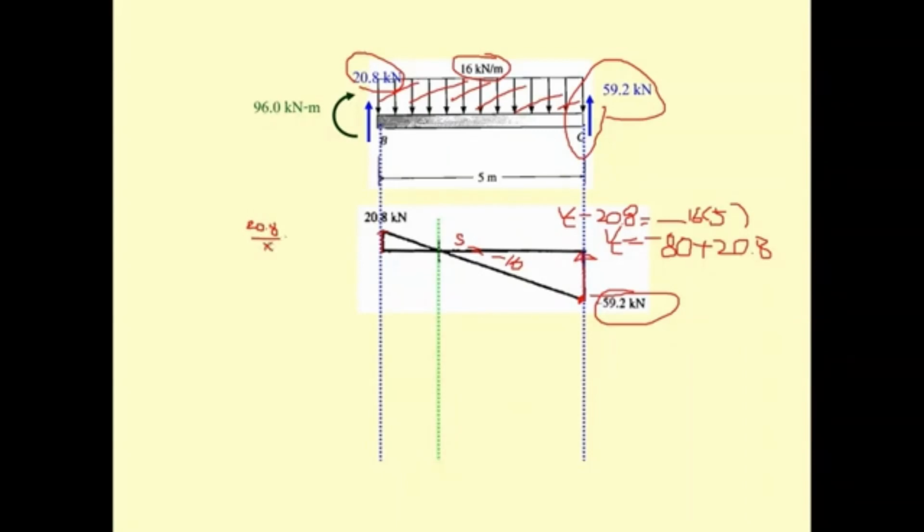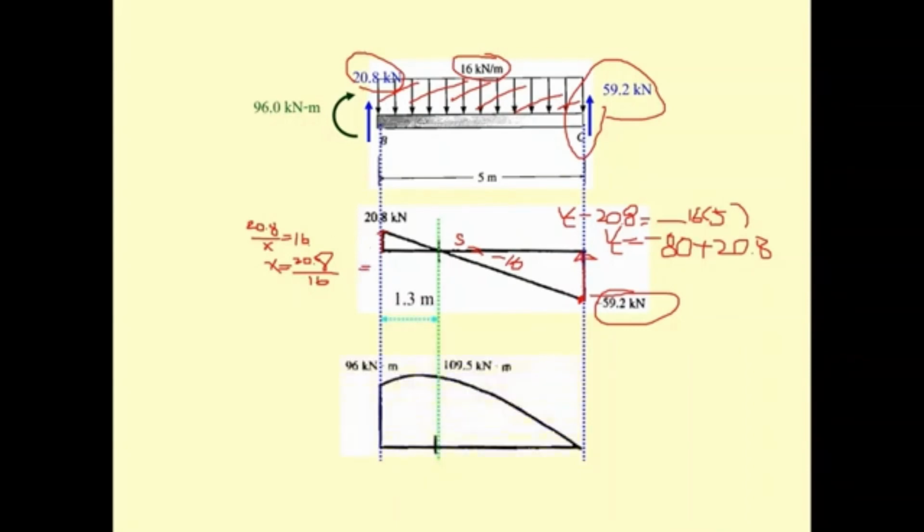So it's going to be the slope 16. So if you move x up, this is going to be 20.8 divided by 16, and then you're going to get 1.3 meter. Okay, you get everything. That is going to be your shear diagram.